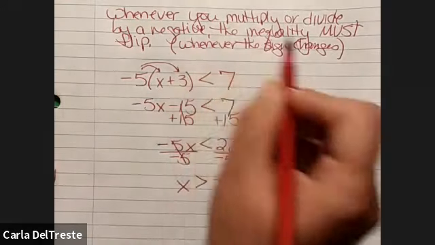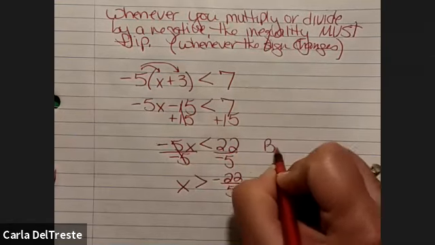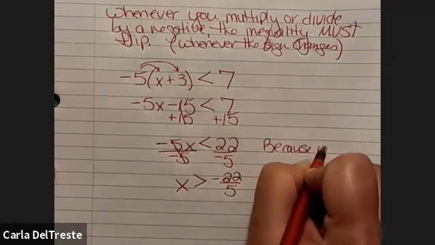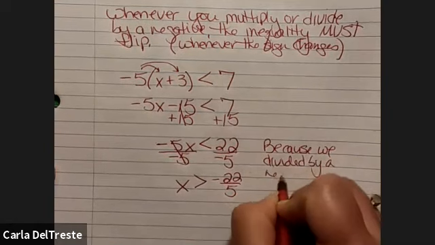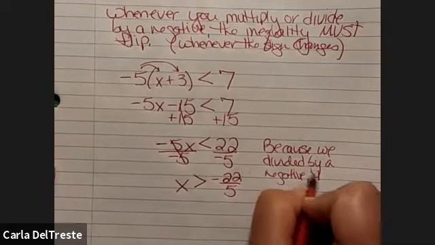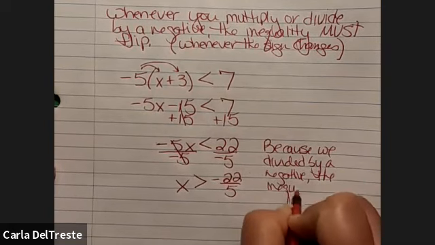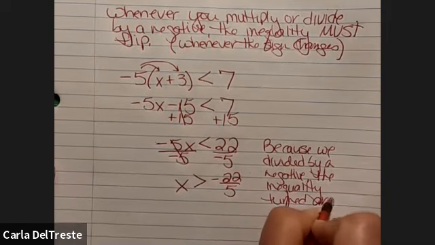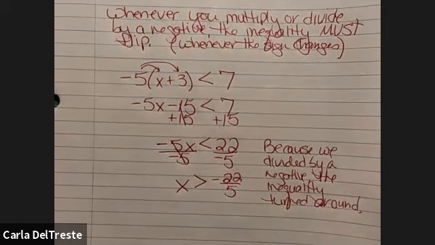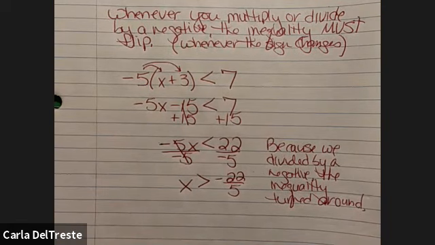So again, just note what we did here. We went up to this fact, and because we divided by a negative, the inequality turned around. It flipped. So that's what that means. If you're doing something and solving an inequality, as soon as you would divide or multiply by a negative number, that sign turns around.